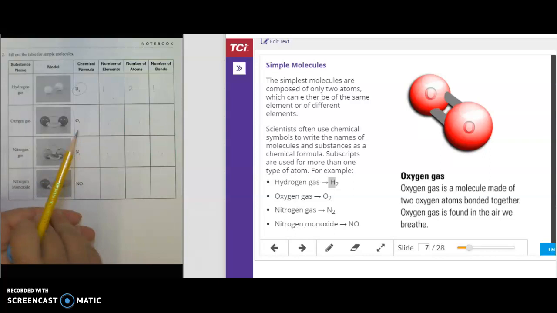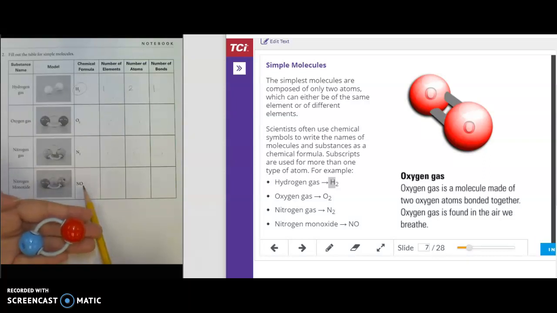And that one is nitrogen monoxide. Okay, so here's our nitrogen monoxide. NO is the chemical formula for nitrogen monoxide. How many different elements do we have in this molecule? How many different colors do you see? How about how many atoms? How many total spheres?